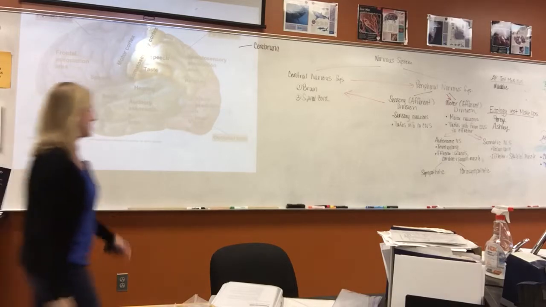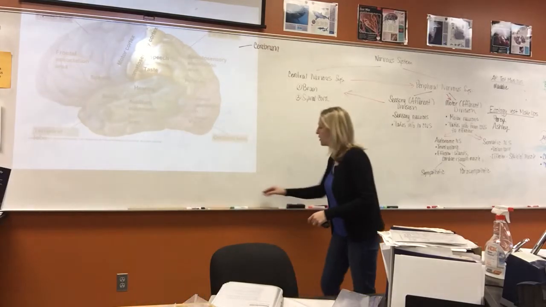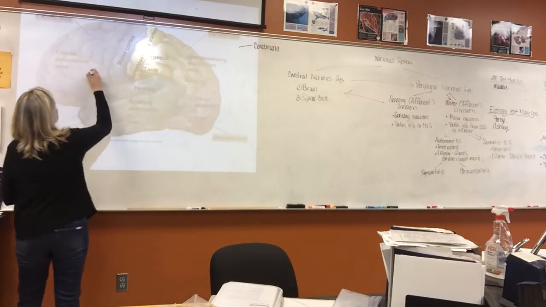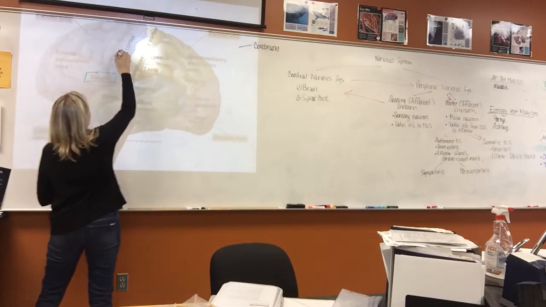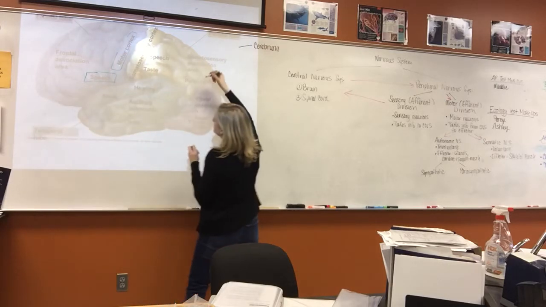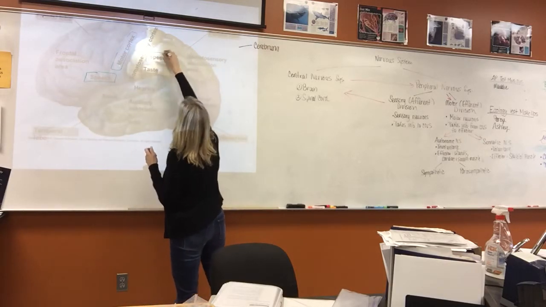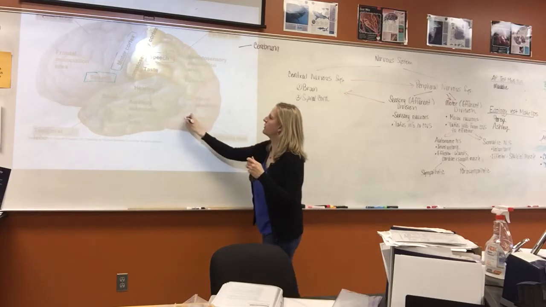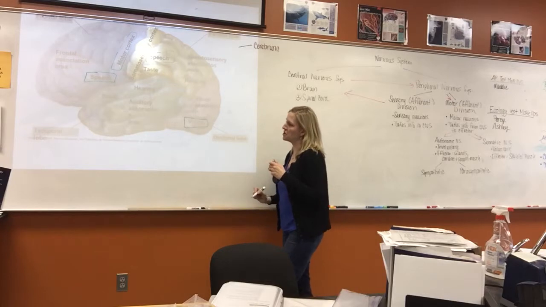Looking at the frontal lobe, speech, and the motor cortex is involved in movements. Again, another area of speech here with the parietal lobe. Occipital lobe, basically vision.